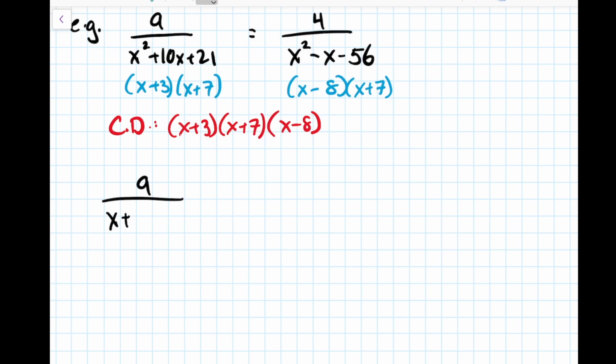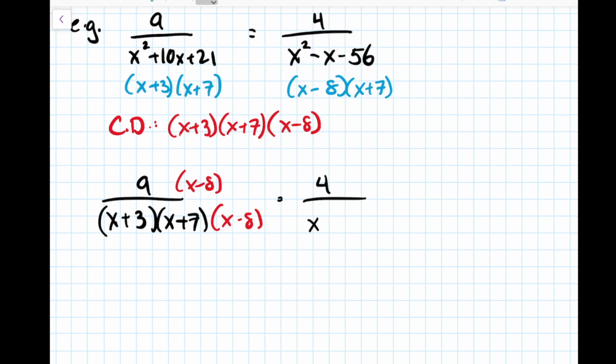So to go from here, our first fraction is missing the x minus 8, so we're going to multiply by x minus 8 on the top and the bottom. Our second fraction is missing the x plus 3, so we're going to multiply by that on the top and the bottom.